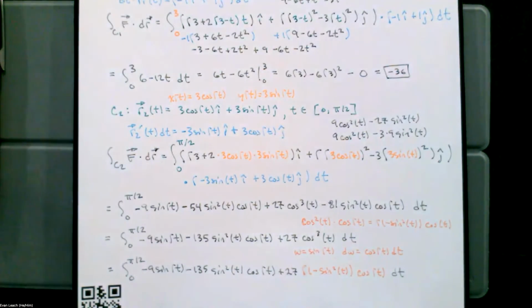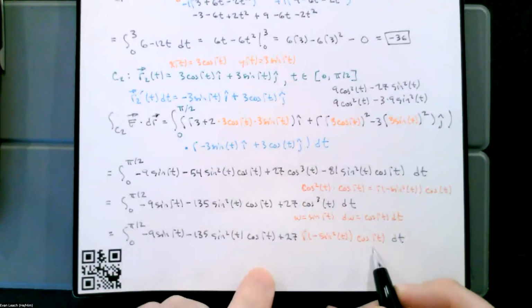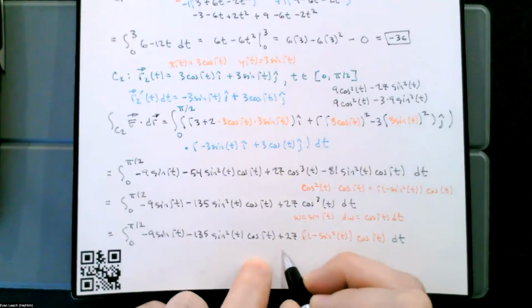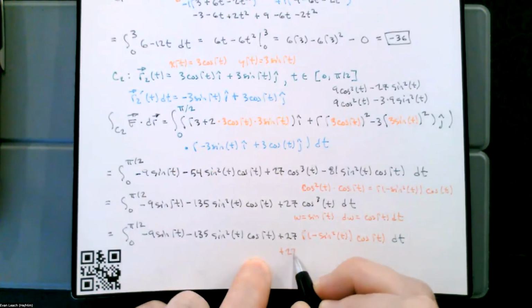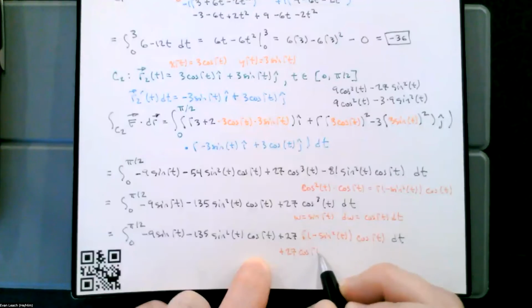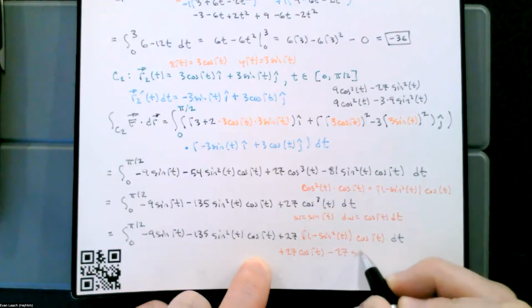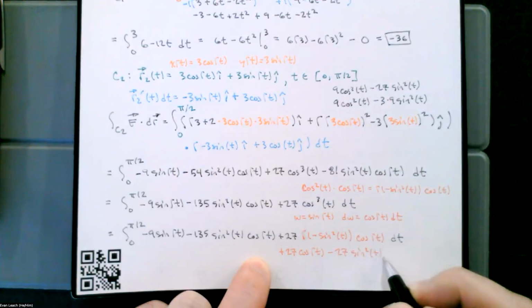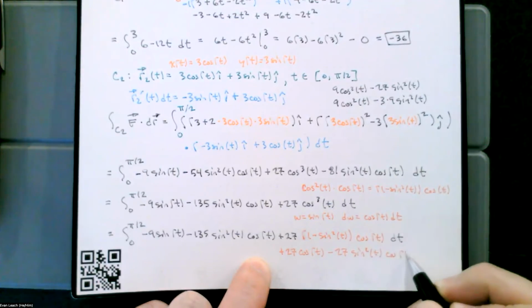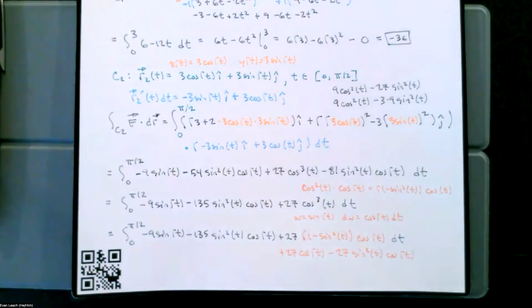Let's distribute. So this cosine cubed became these two terms, 27 cosine of t minus 27 sine squared t cosine of t. That's just that cosine cubed.